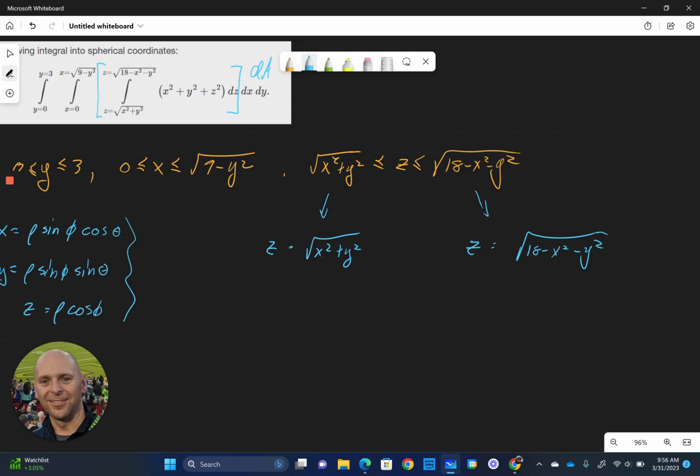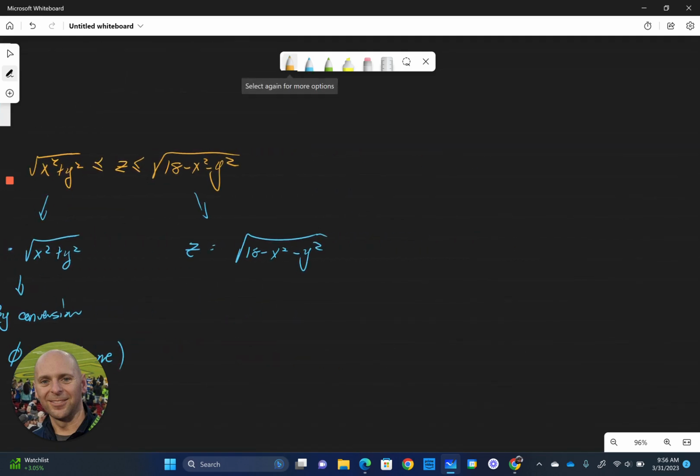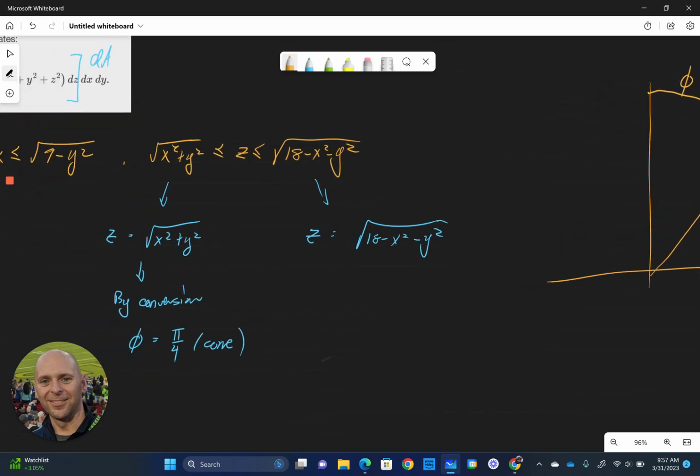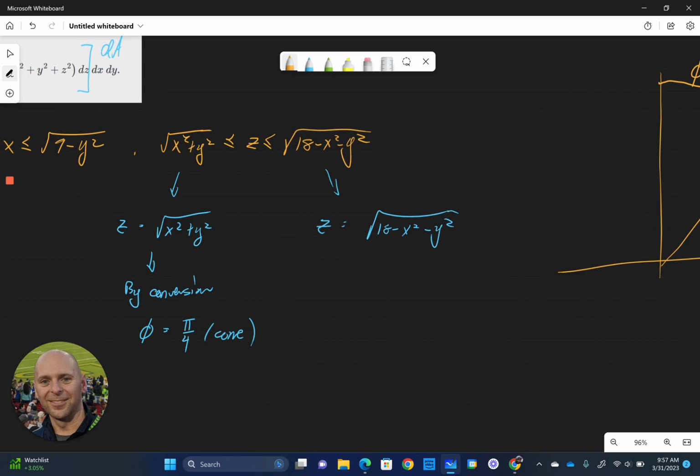And what results then from this one by our conversion is that phi is equal to pi over 4, which turns out to be a cone. And if you don't see that, well, we can take a quick look at it here. You're fixing phi at an angle of pi over 4, or 45 degrees, down from the z-axis, and then you're independent of rho and theta.